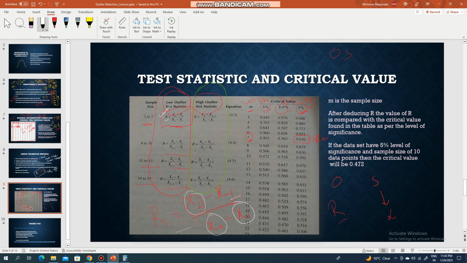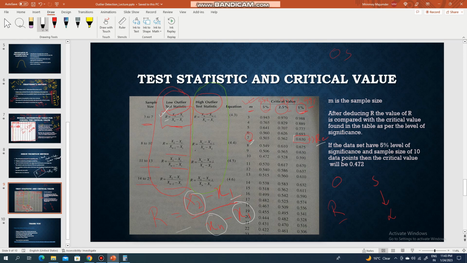So when you have found it out, you have to find the critical value of R. Based on the level of significance you want, and your sample size, you will find the critical value of R. Here we want a 1% level of significance, and our example sample size is 7.